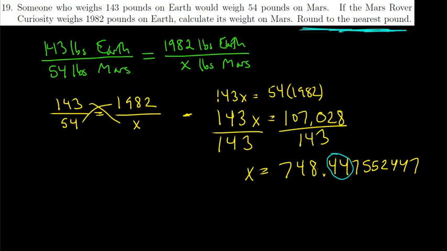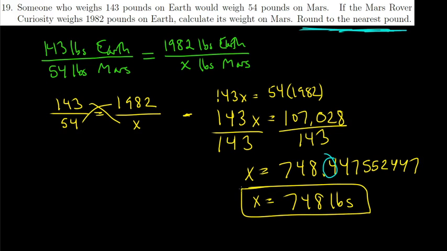So the 4s here, well, this 4 just rounds down. So 748 pounds. Okay. So that's the answer to the question. That's number 19.